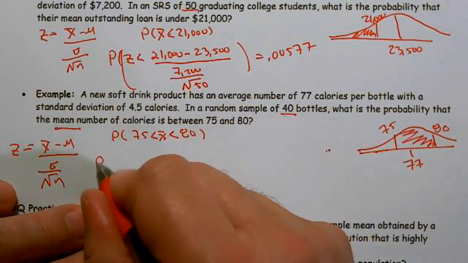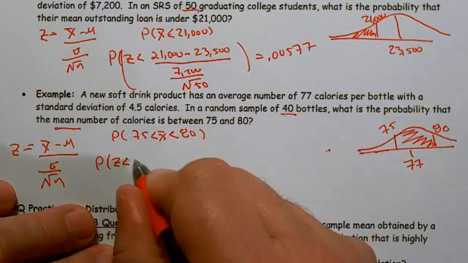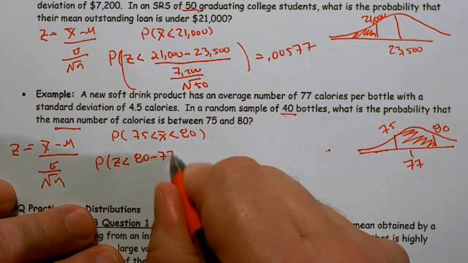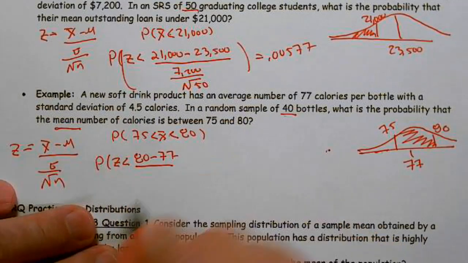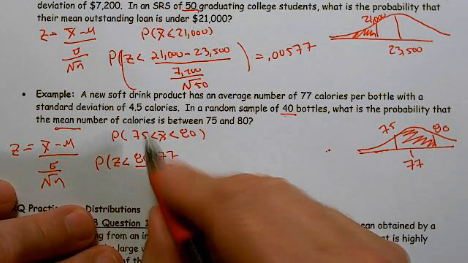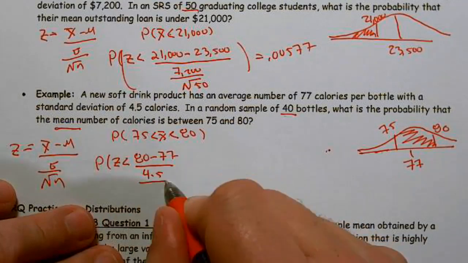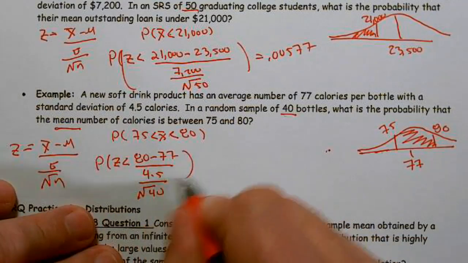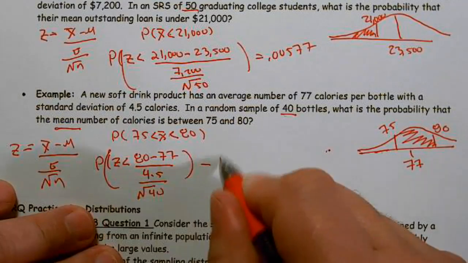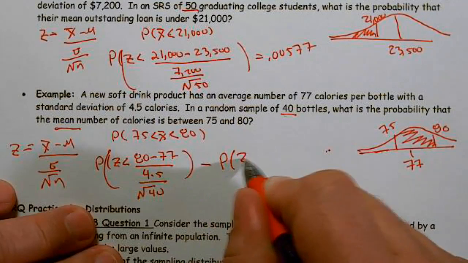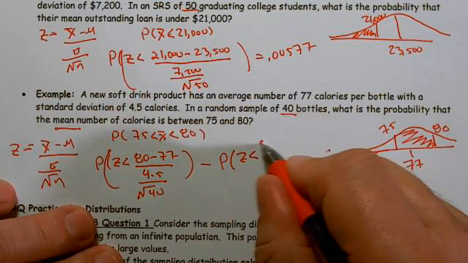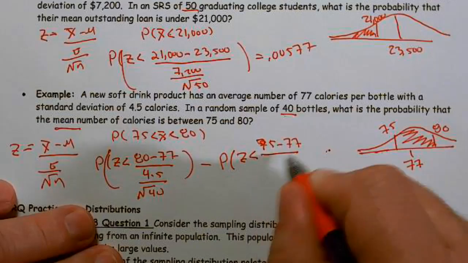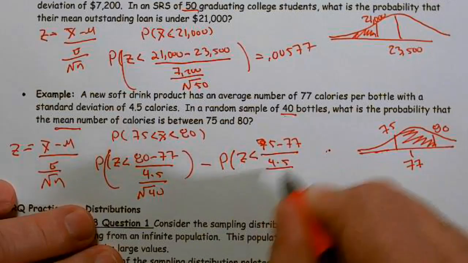So this is the probability that Z is less than (80 minus 77) over 4.5 divided by the square root of 40, minus the probability that Z is less than (75 minus 77) over 4.5 divided by the square root of 40.